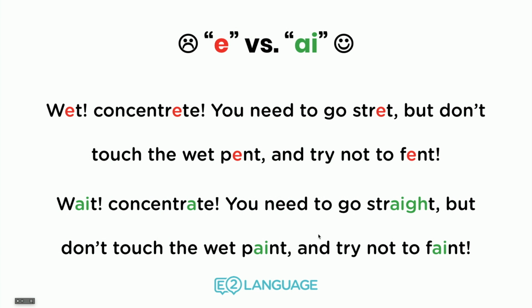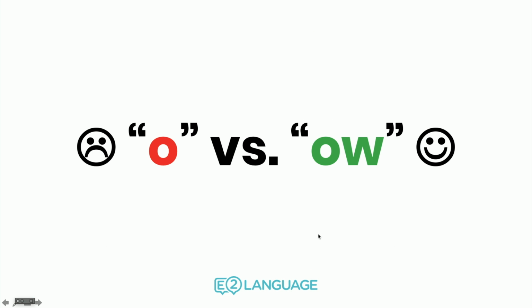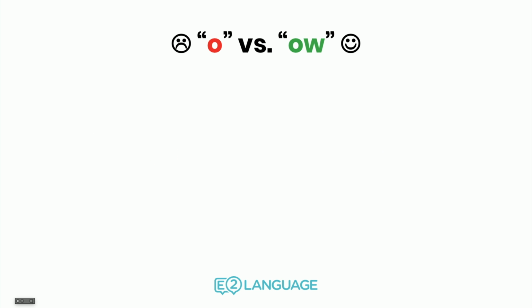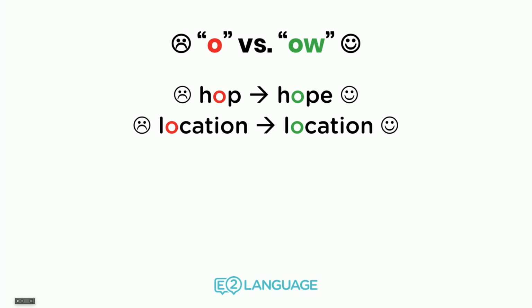Okay, let's push on. What about O versus O? Let's have a look at some words here. Don't say hop if you're trying to say hope. Don't say location if you're trying to say location.